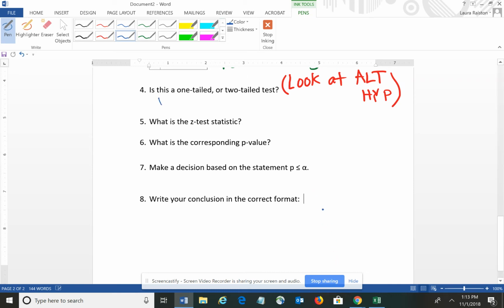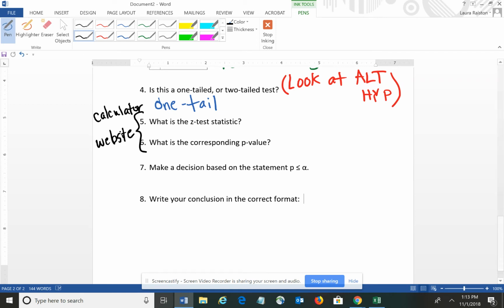Then to calculate the z-test statistic and the p-value, these two pieces of information are found either using the calculator or the website. And quite honestly, most students are finding that the website is much easier to use.